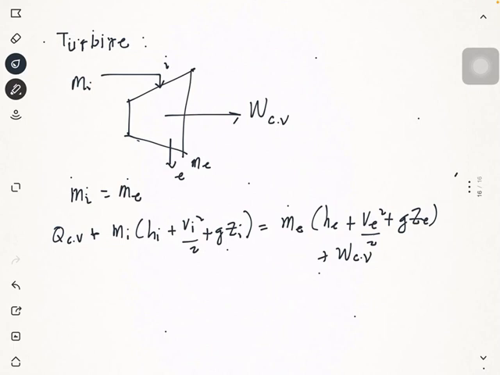And also for a turbine, this is adiabatic, wherein Q_CV is equal to 0.